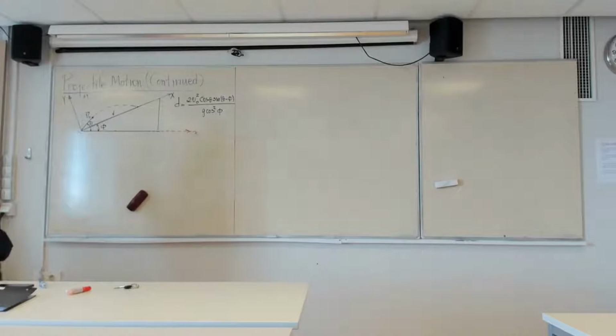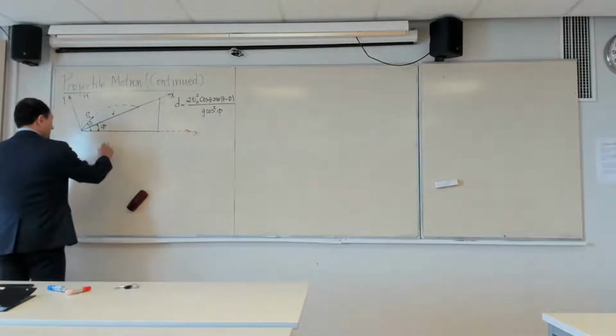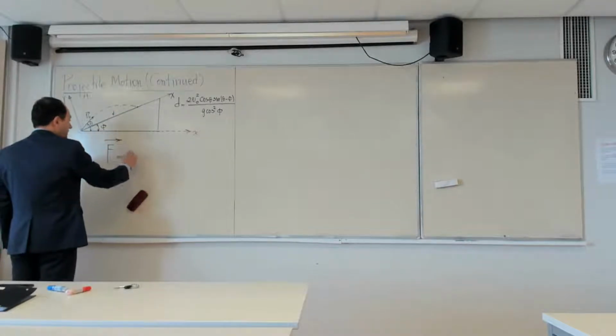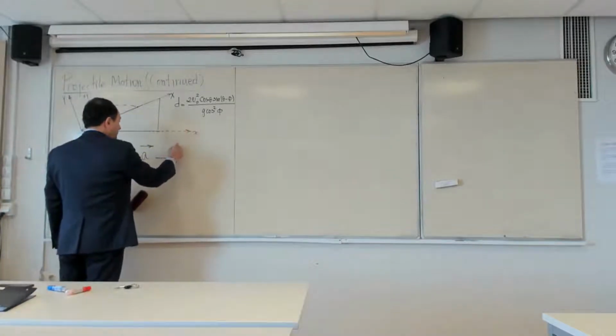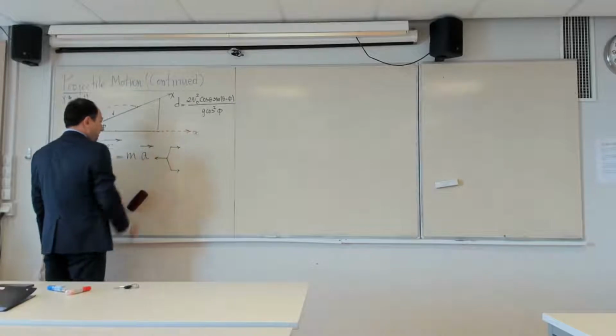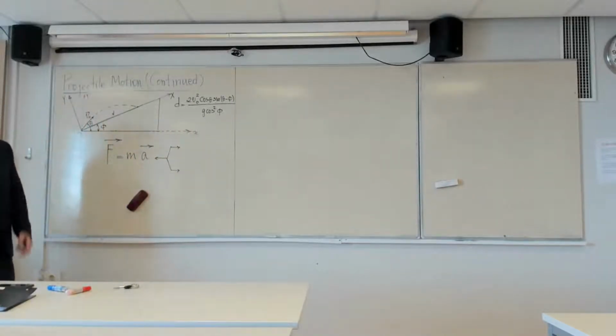As the second law is a vector equation, but we are working in 2 dimensions, this vector equation m times a can be decomposed into 2 parts. This one single vector equation is equivalent to 2 equations.